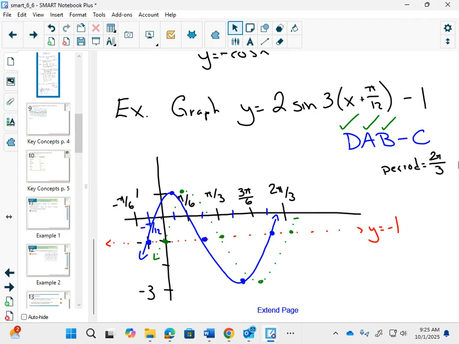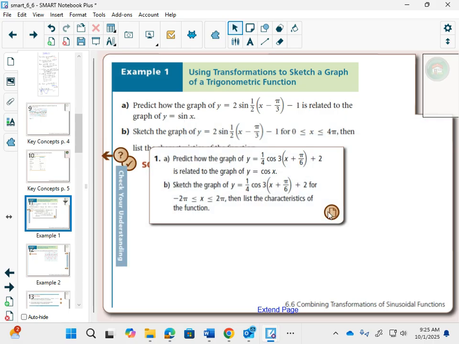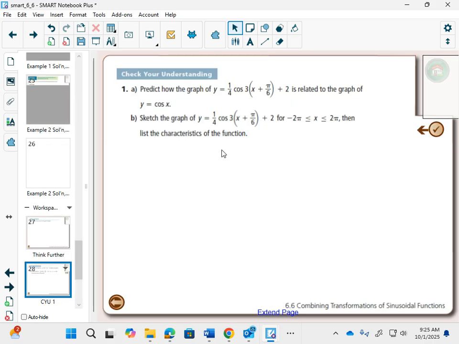Okay, example 1. Since we've done the DAB C already, all they would like you to do is, probably on the exam they wouldn't say predict, they would probably say describe. So in each of these, I'm going to change this word to describe.